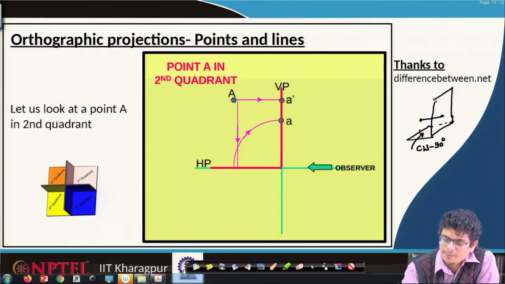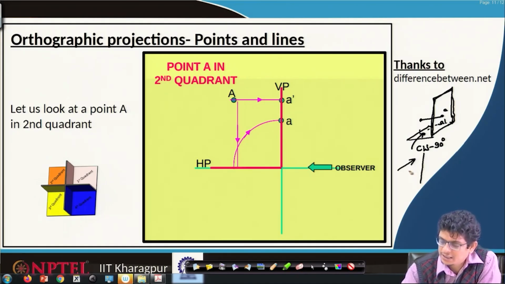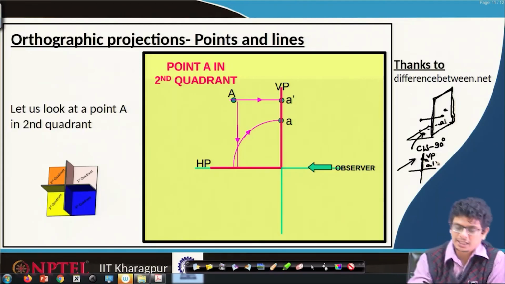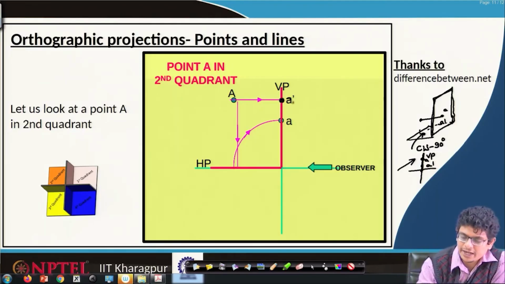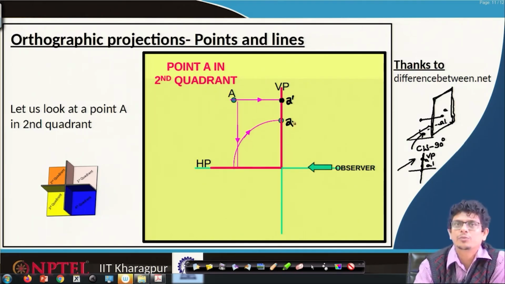If we do that, both the planes coincide and we have to transfer this one, let us call A dash and A. If we are looking from this view, it will be a line, this is the vertical plane, the horizontal plane also here, and one projection is A dash, the other is A. A dash is the vertical projection, A is the horizontal projection.